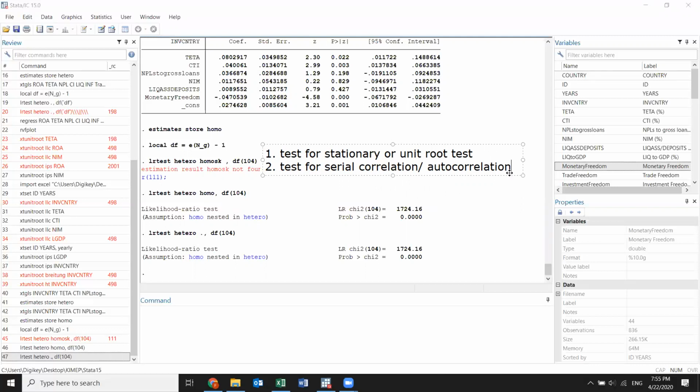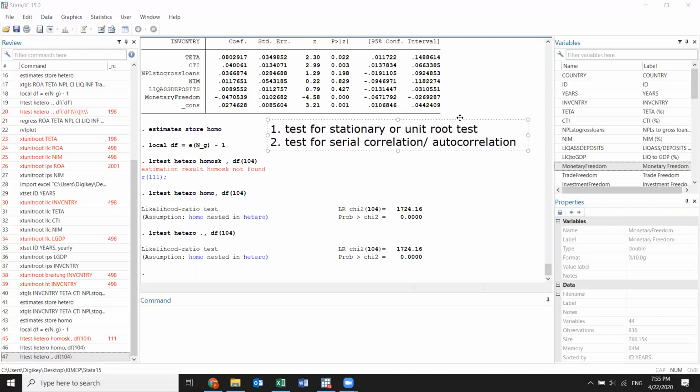Your results will not be validated. So if there is, you have to eliminate it. How we eliminate it, I will show you as well. But today I'm going to spend the time on showing the test.